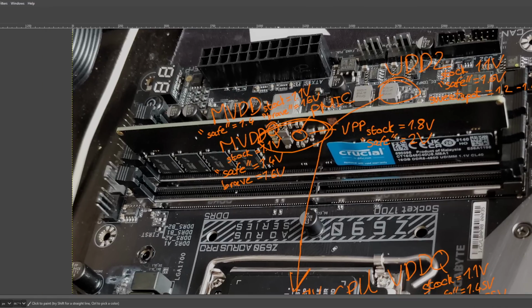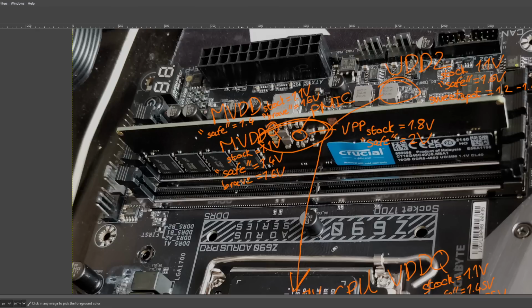Doing this means that, especially if you're building a data center, having the power delivery on the memory stick means that you don't need a motherboard with way more power delivery for the memory than you're actually going to use. You just need enough power delivery for the VDD2 rail, which is much less than the actual memory sticks.